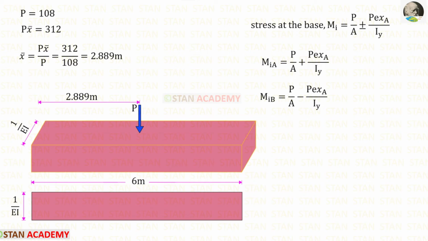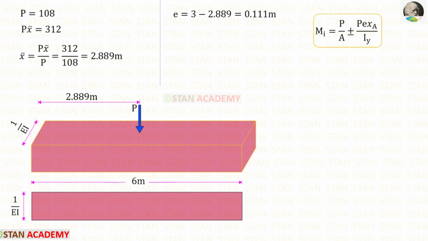We know the formula to find the stress at the base of the analogous column: P upon A plus or minus P e x_A upon I_y. To find the stress at point A, we take only the positive sign from the formula, and to find the stress at point B, we take only the negative sign.